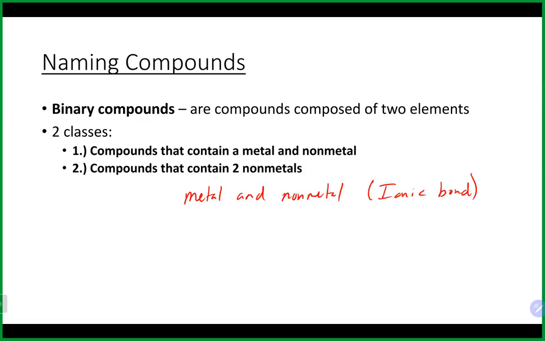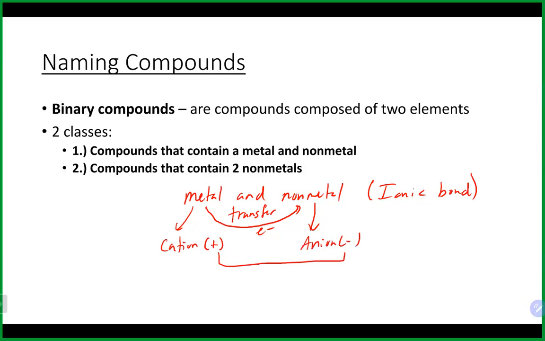And as we just talked about, based on our periodic trends, the metal will always be the one that will transfer electrons to the non-metal. And the result of that is our metal will form an ion, which is a positively charged ion. Our non-metal will form an ion, which is a negatively charged ion.